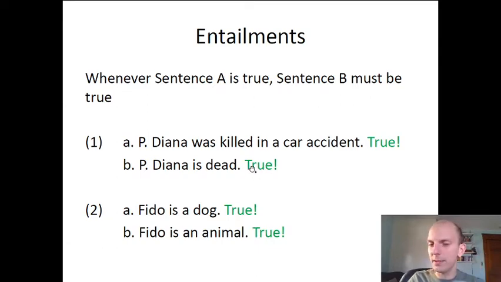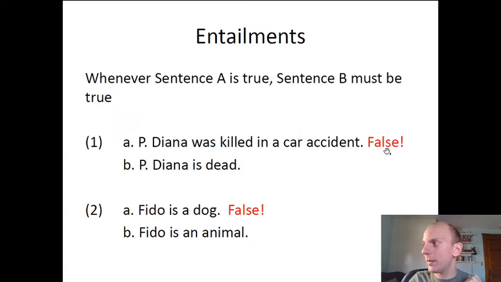We know that to be the case. However, if sentence A is false, do we know anything about sentence B? Does that tell us anything about sentence B? That's the question I want you to ask yourself right now.